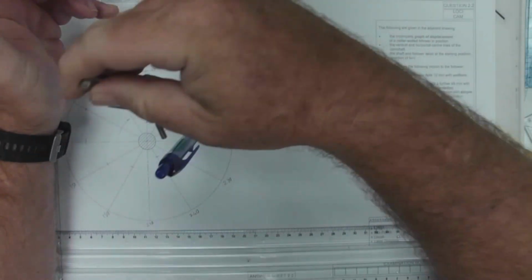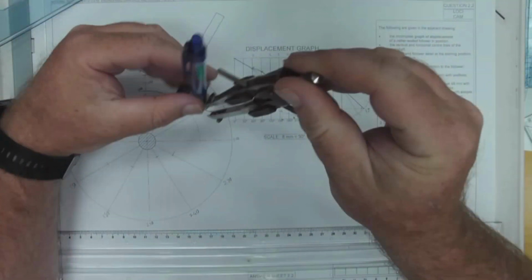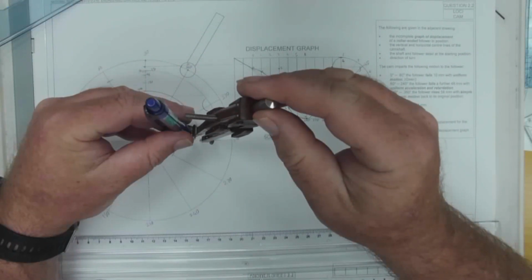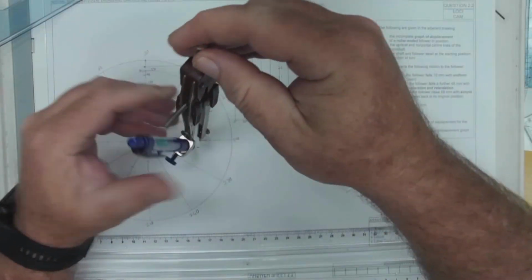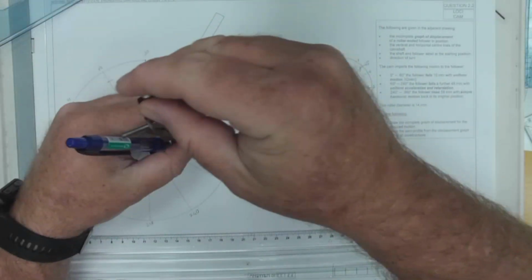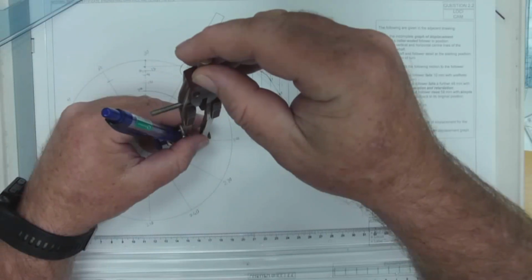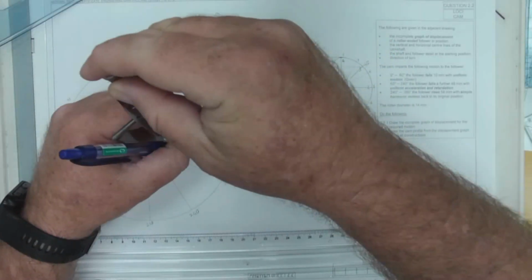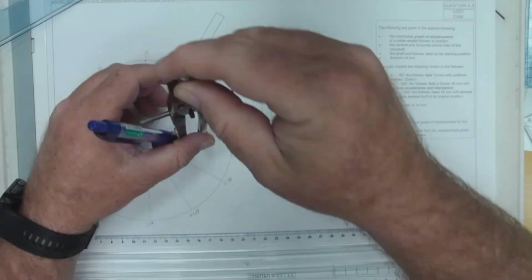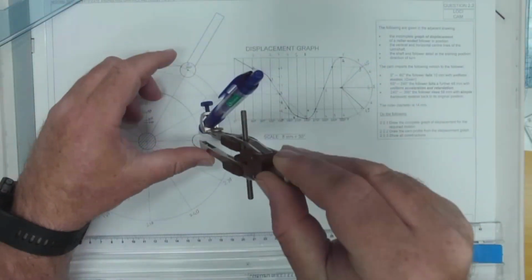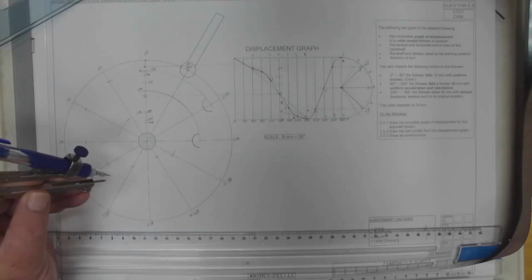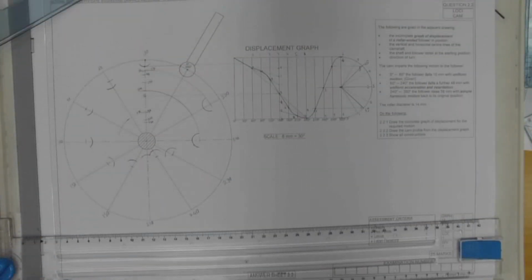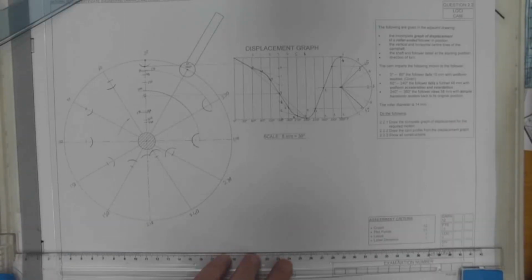It was 330, 300, and do that for each of the remaining points. Okay, there I've marked off all my points, and now I want to project those.